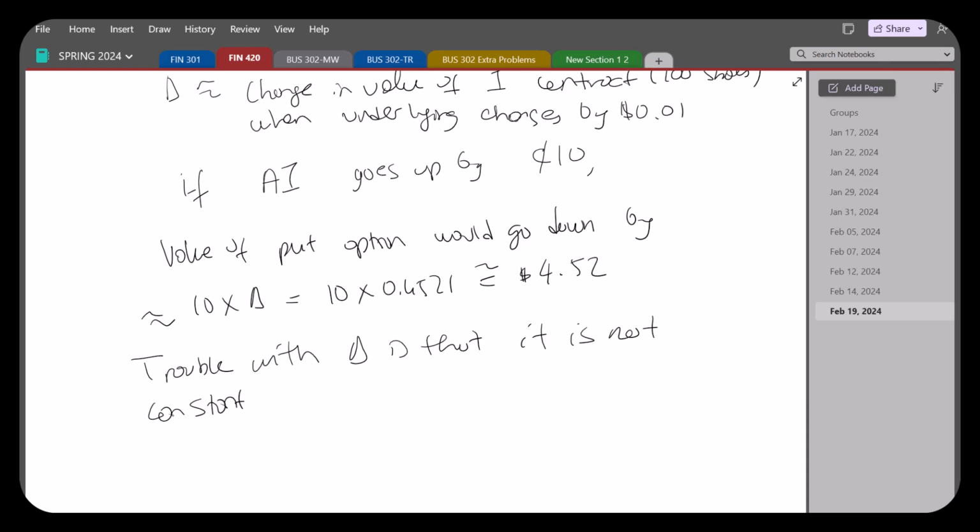The strike is 29, but the stock is trading at 19. More than likely, the value of that put option is going to be extremely close to $10. That is the so-called intrinsic value. It's the value of the option if you were to exercise it at that point, how much money you would make. If the stock is trading at 19, if you exercise your option, you can sell 100 shares at 29 if you have the right to do so.